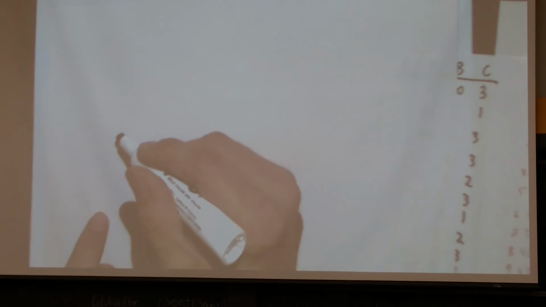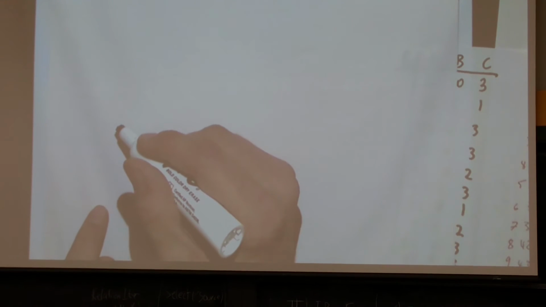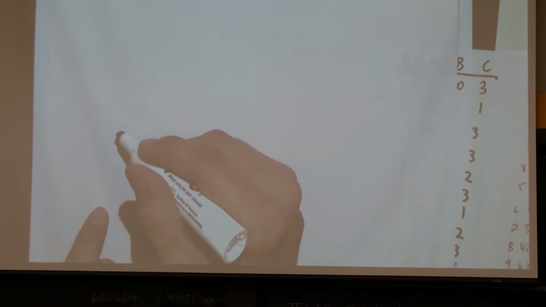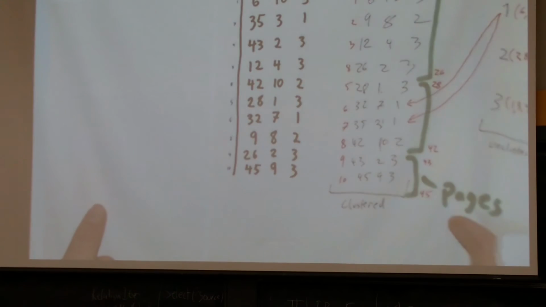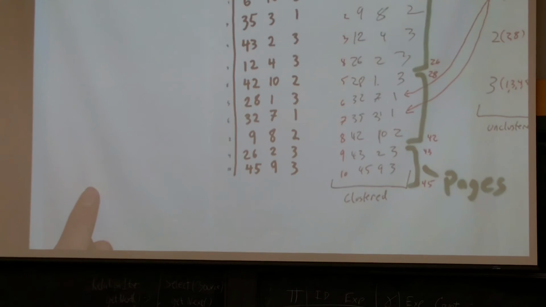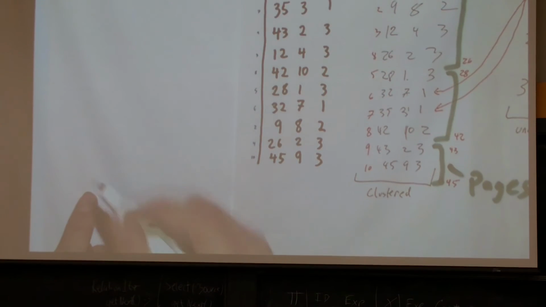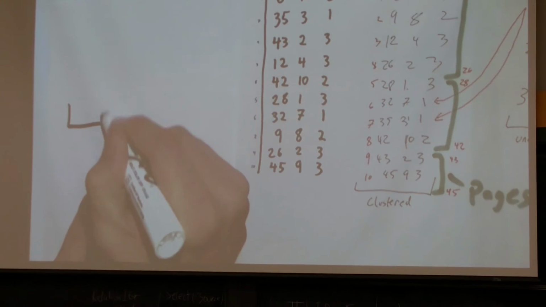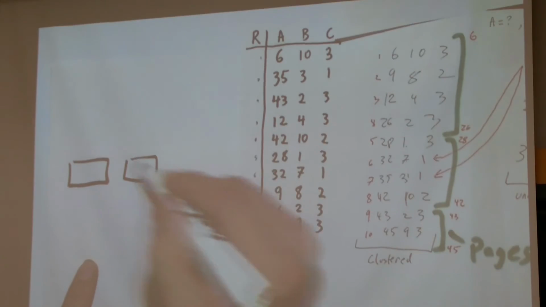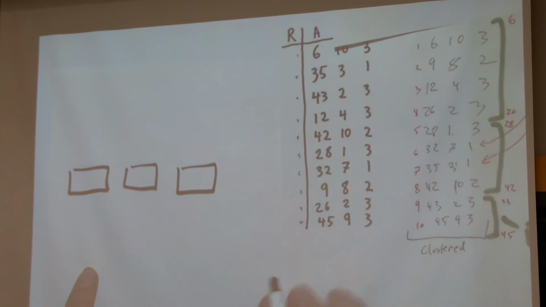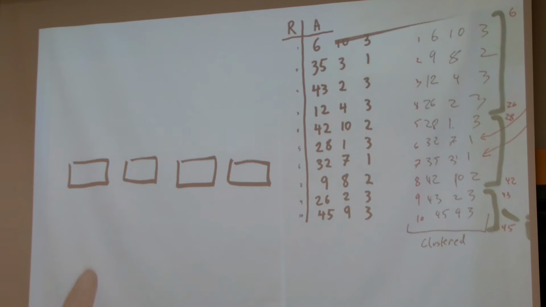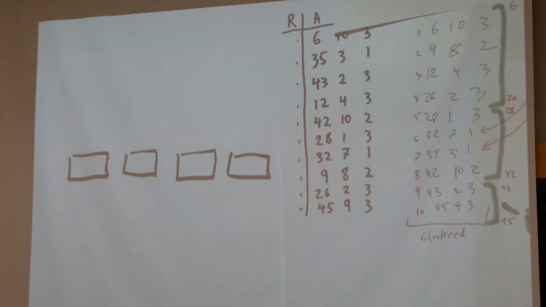So let's say I have 2 buckets, or better yet, 4 buckets. So I've got bucket 1, bucket 2, bucket 3, and bucket 4.